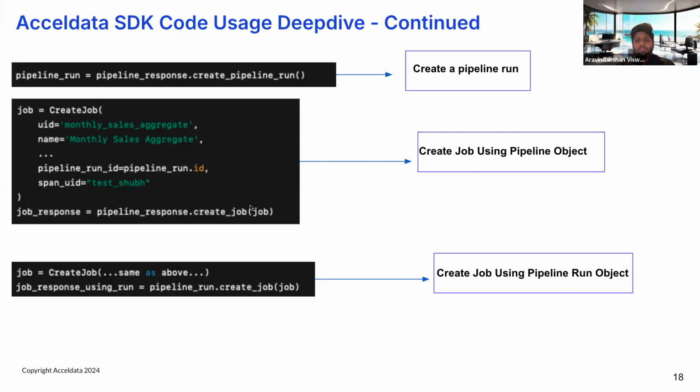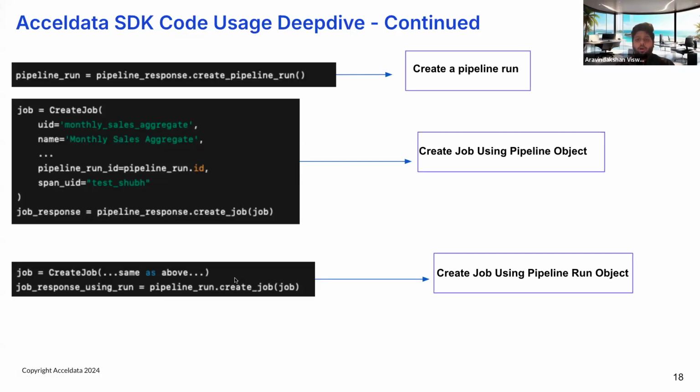So once this job is created, the next step is that you'll have to create a job using the pipeline run object. So there are two ways, right? Either you can create a job using the pipeline object itself, or using the pipeline run object. These are two ways of doing the same thing.